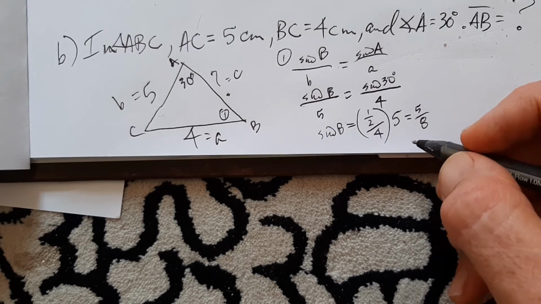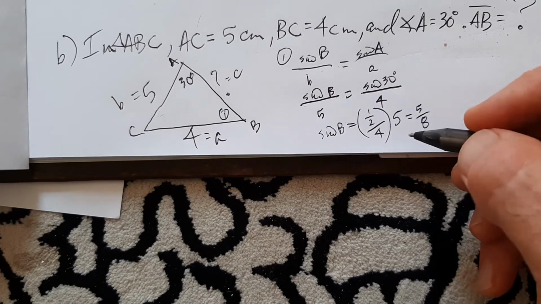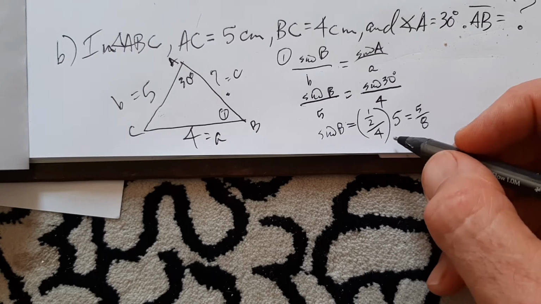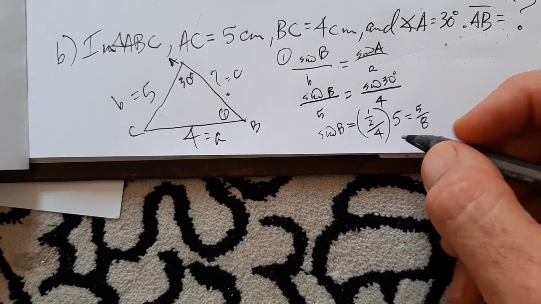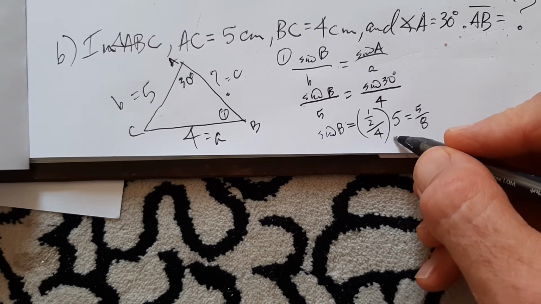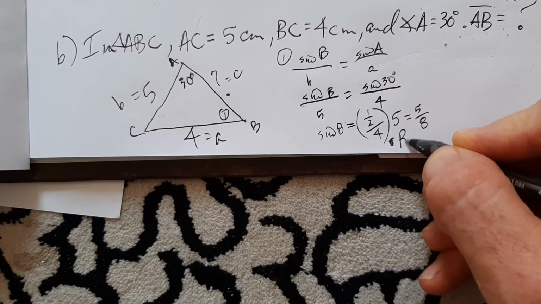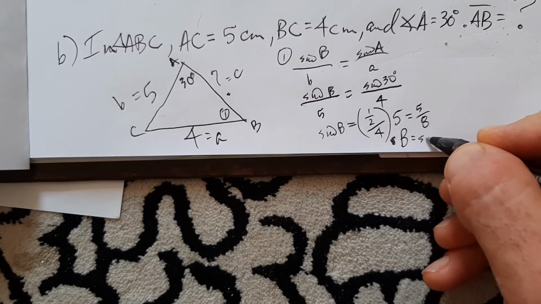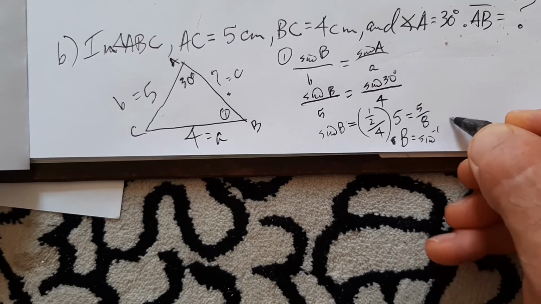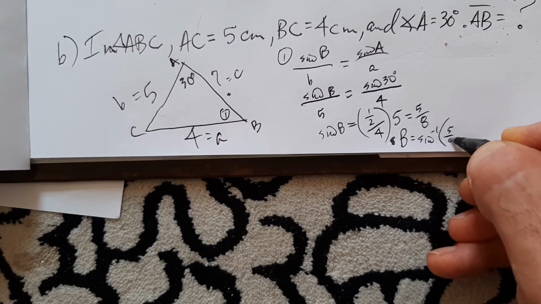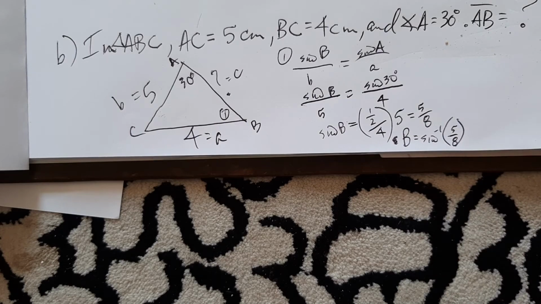5/8. So, oh boy, I went too far here, but I'll just squinch it in here because I got to do part 2, right? So angle B equals sine inverse of 5/8. Okay.